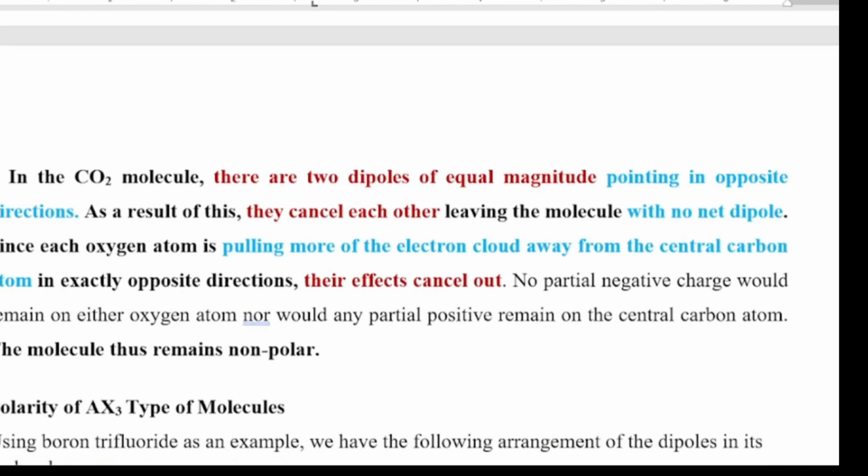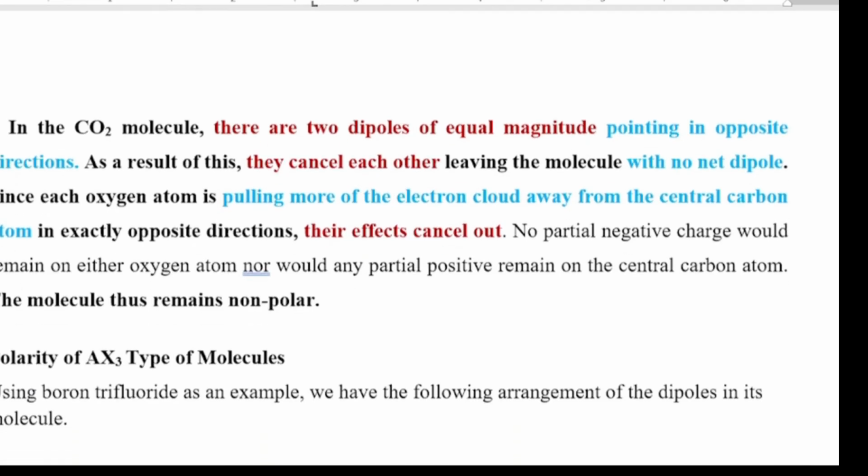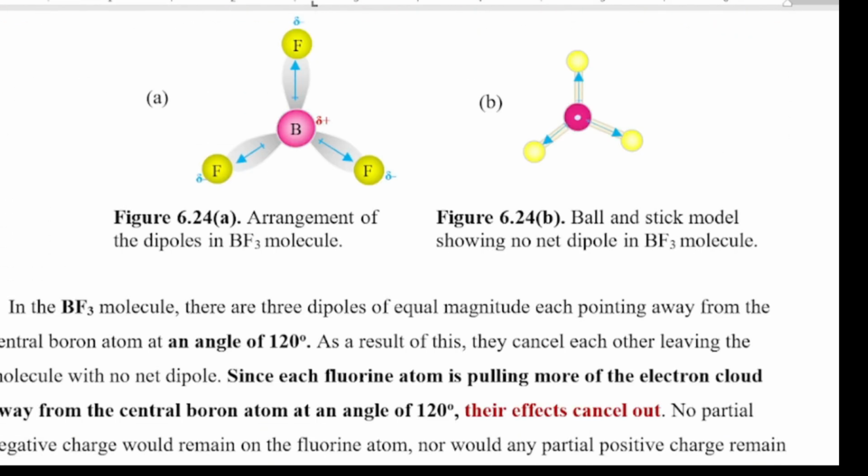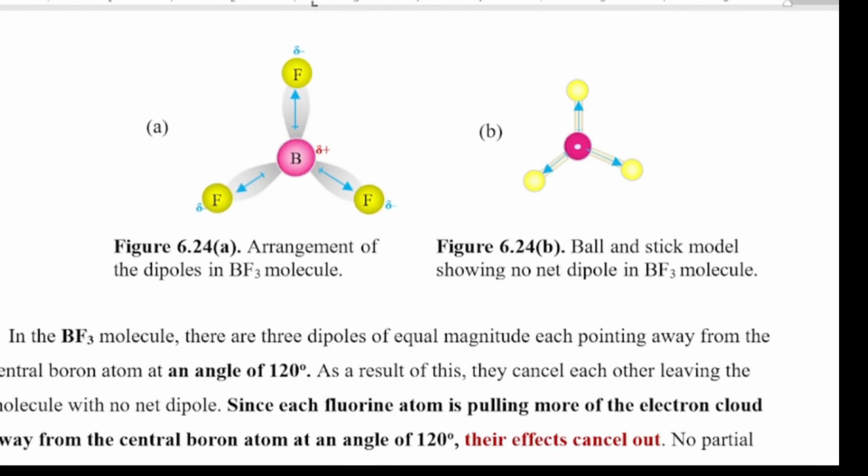Now, AX3 type of molecule, you can use BF3 for that. The boron is a central atom. We have already determined the shape of this molecule. We say a trigonal planar molecule, and the bond angles here are 120 degrees, each of these. Now you're having three dipoles, and each of them is pulling away at this central atom at 120 degrees away, so each of these dipoles is equal.